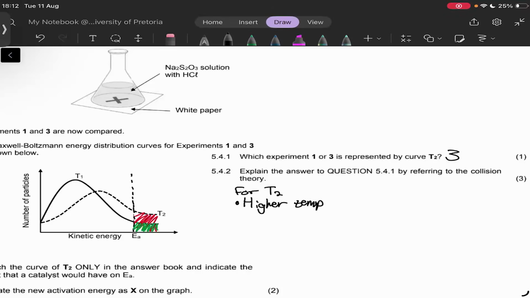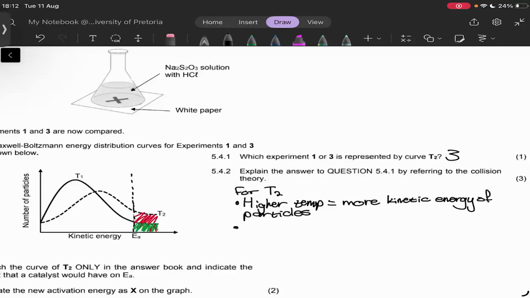A higher temperature equals more kinetic energy for the particles. So that'd be our first mark.